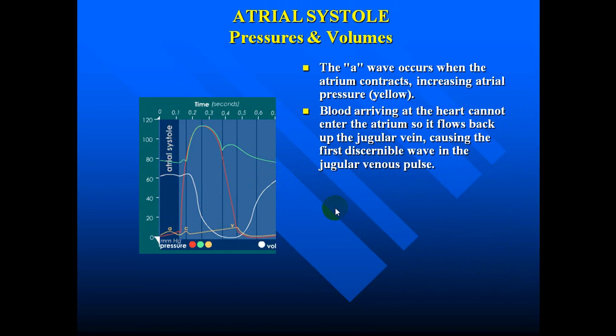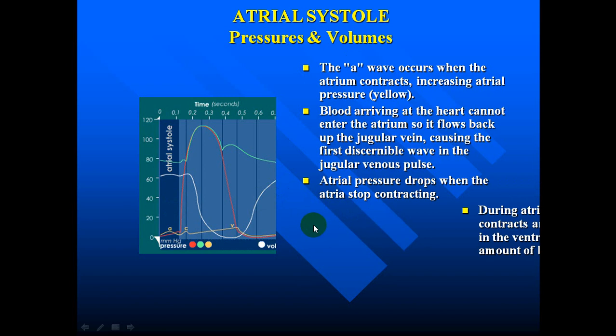The blood arriving at the heart cannot enter the atrium, so it flows back up into the jugular vein due to this pushing of blood from the atrial contraction, causing the first discernible wave in the jugular venous pulse. The atrial pressure drops down due to the emptying of the atria.